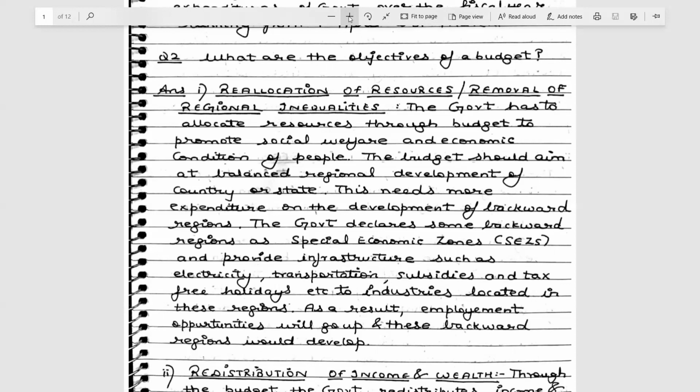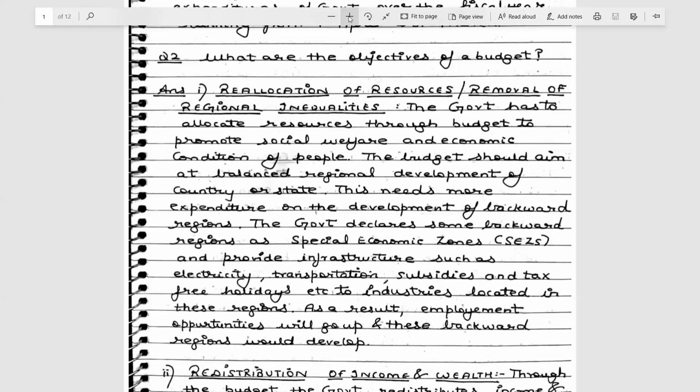So when we talk about special economic zones, these are regions where the government gives subsidies. Subsidies are given to promote production and exports in the economy. Tax concessions are given. The tax that the government charges in normal regions, in special economic zones that is less.